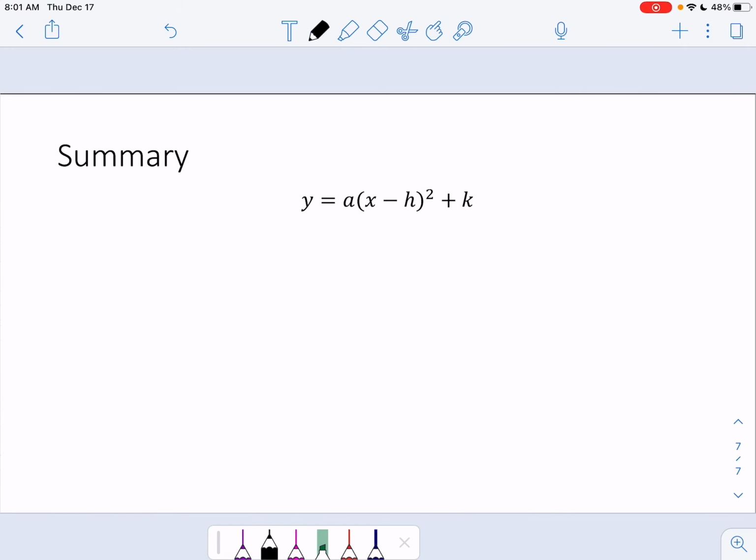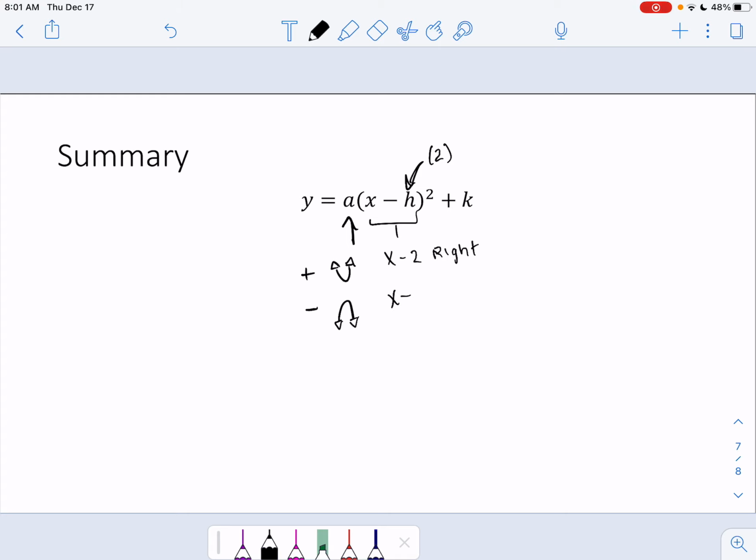So in summary, a positive a, it opens up. A negative a, it opens down. If you see an x minus a number, that's a shift to the right because we had to plug in a positive number.